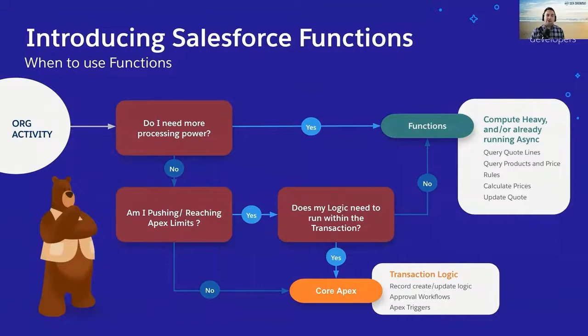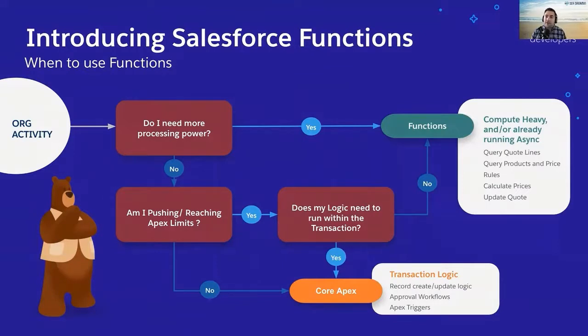If you don't actually need the extra processing power, you can then ask yourself if you're reaching Apex limits. If you are, and your transaction needs to run in that same chain and that logic needs to run in the transaction, then go ahead and use Apex, okay? And if you're not hitting limits, then obviously write everything that you're doing in Apex.